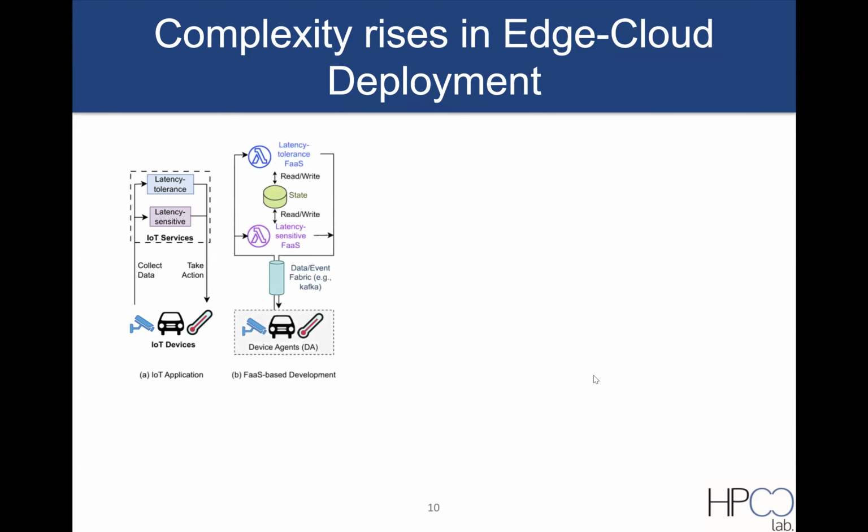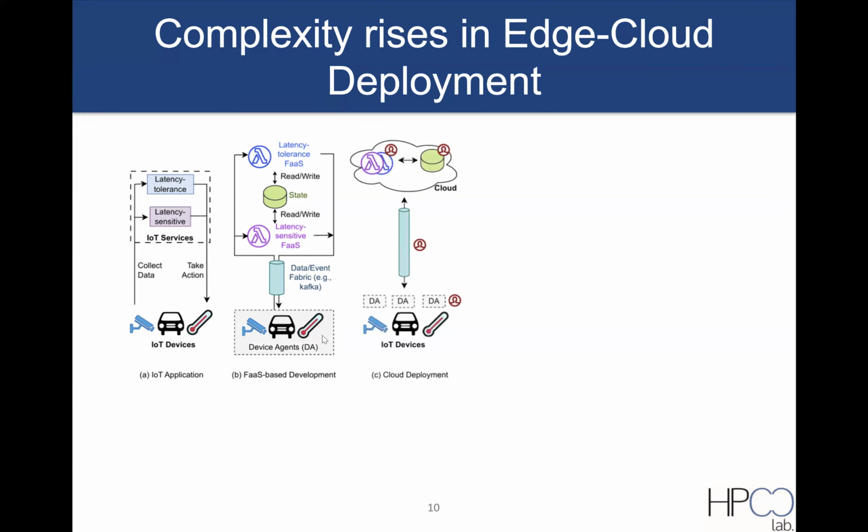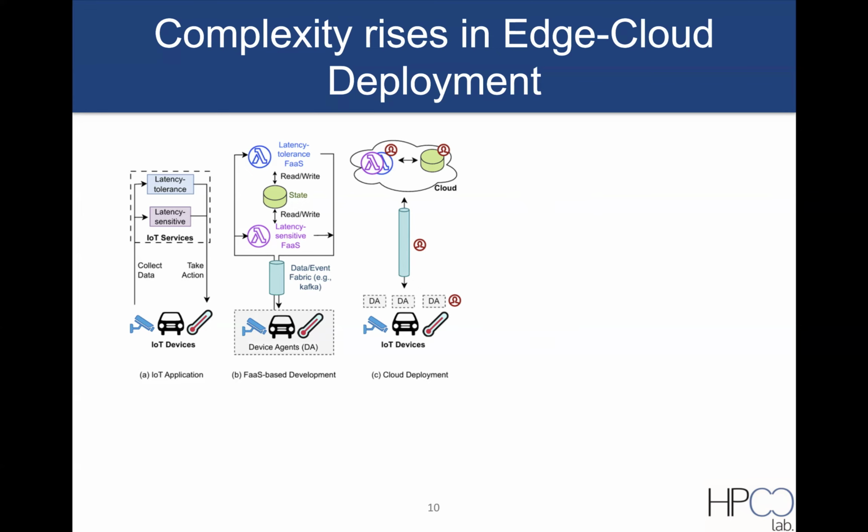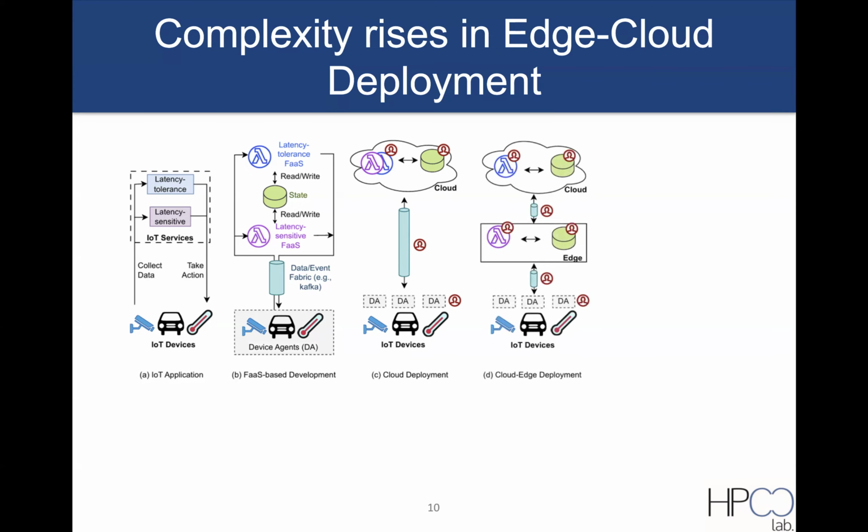And now the system gets really complicated. We need to share the state across edge and cloud, and share the workflow across edge and cloud as well. Usually we need some kind of service fabric between the edge and the device. Alternatively, we can deploy everything on the cloud, but that is not working well, as I mentioned.